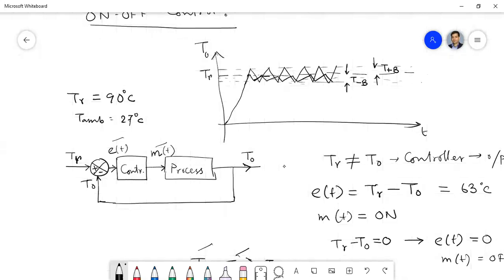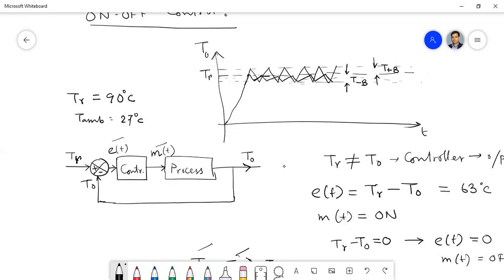so generally this type of on-off control is excluded from your syllabus. But it is a very basic control, and I can tell you that this control is used in most temperature control devices and appliances, starting from your air conditioner, refrigerator, any kind of heating like an electric kettle, etc. The only control we have in this type of appliances is on-off control.